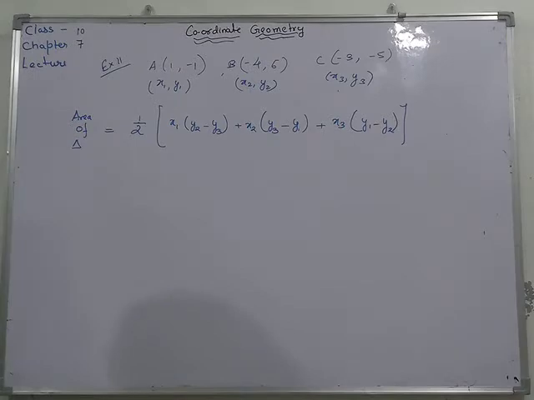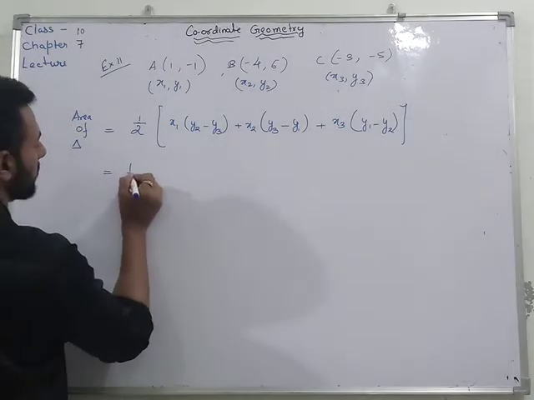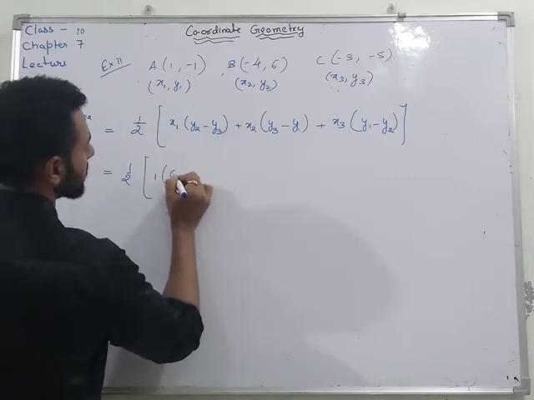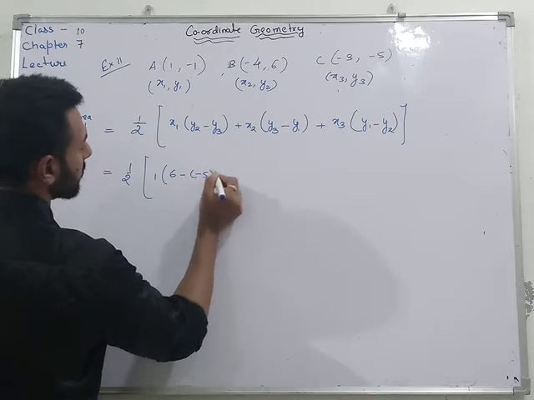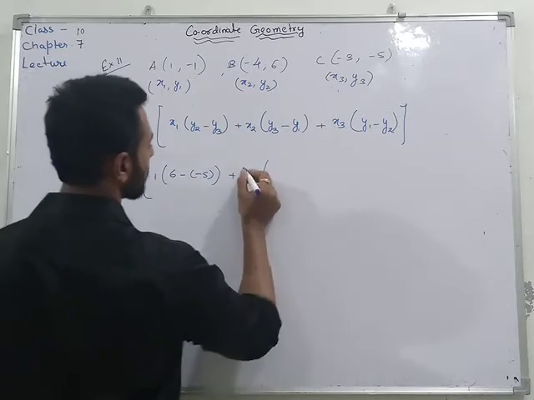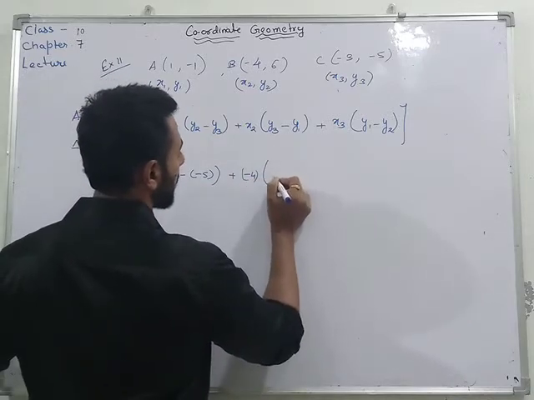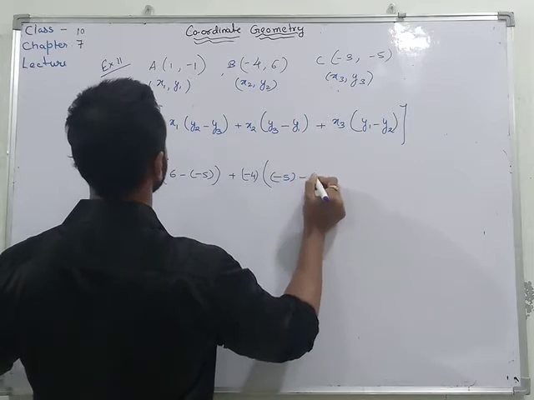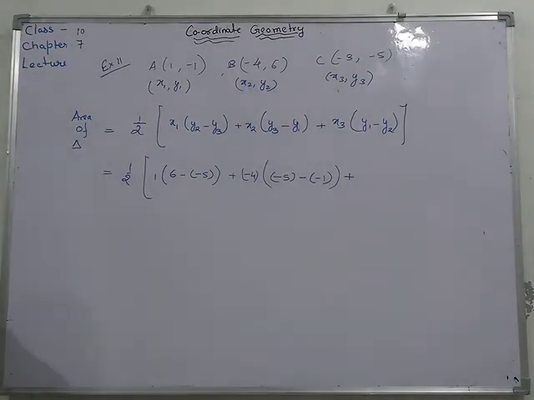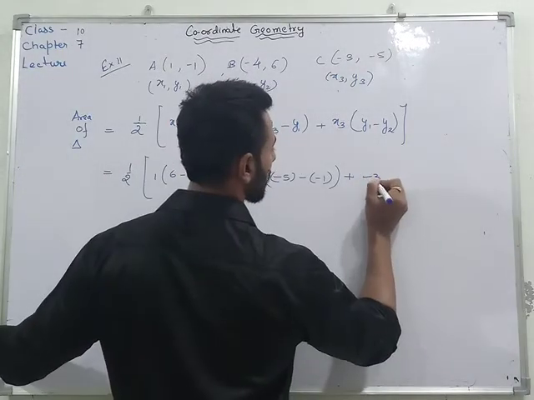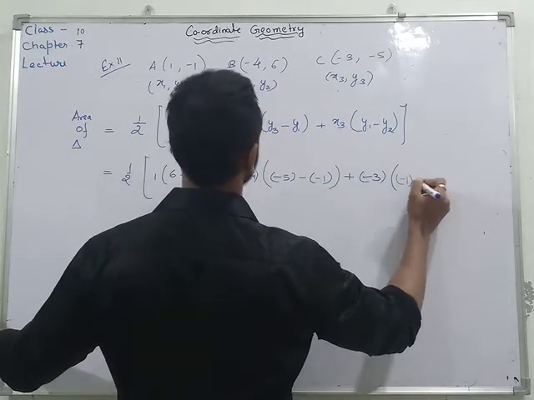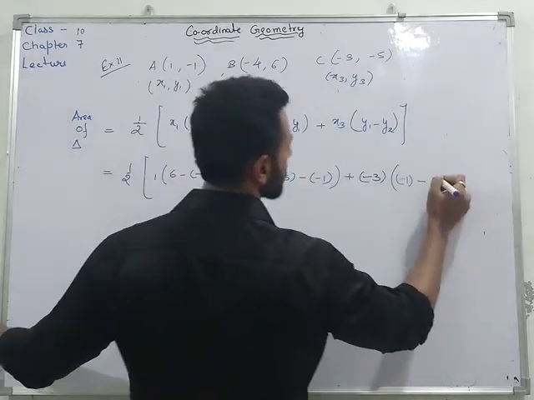Now substituting the values: 1 by 2, x1 is 1, y2 is 6 minus of minus 5, plus x2 is minus 4, y3 is minus 5 minus of minus 1, plus x3 is minus 3, y1 is minus 1 minus 6.